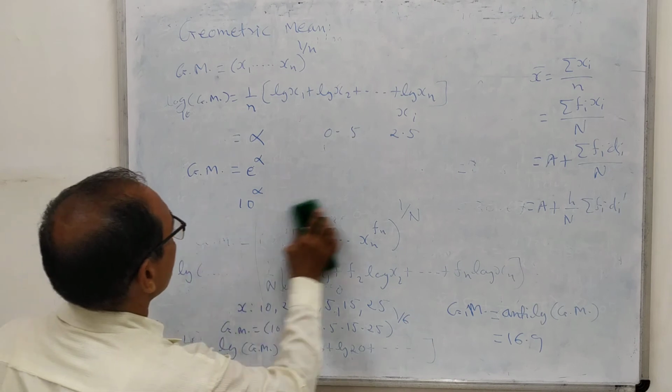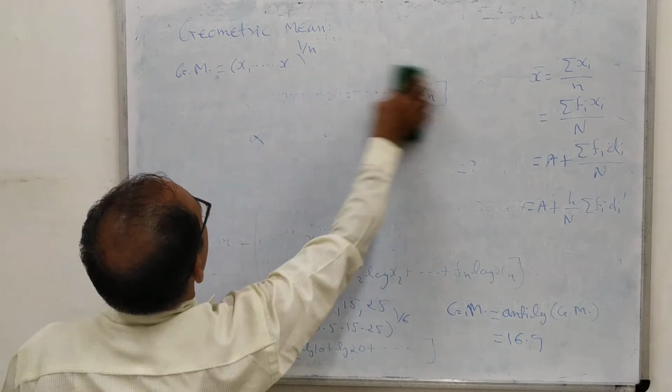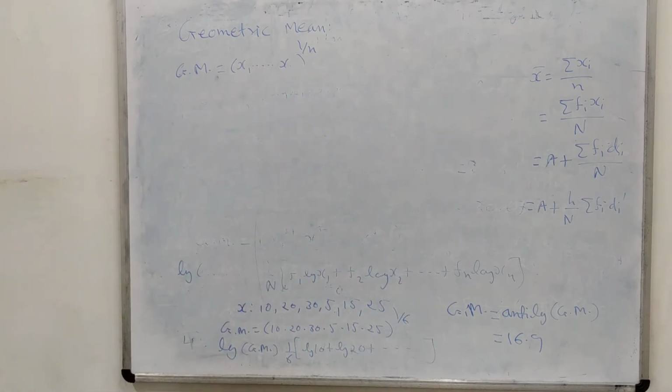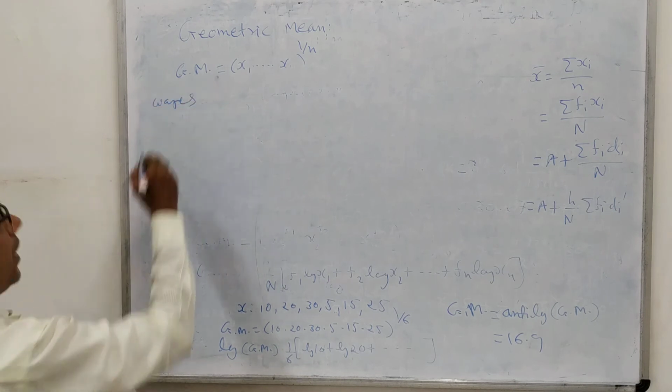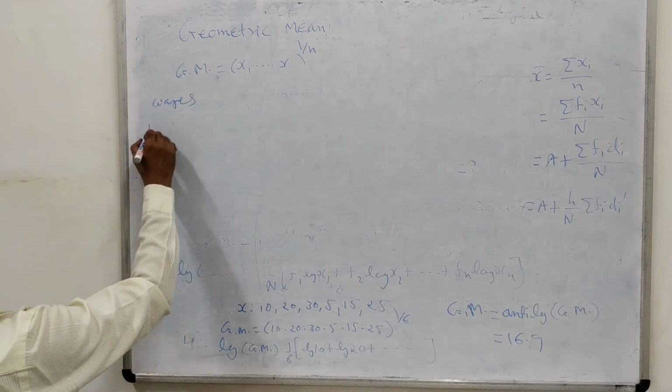Okay. Now suppose we are given another example of this kind: find the GM of the following data. We are given wages and number of persons.